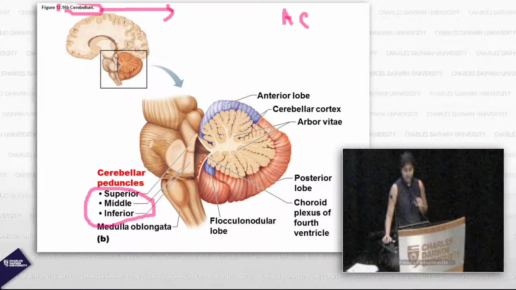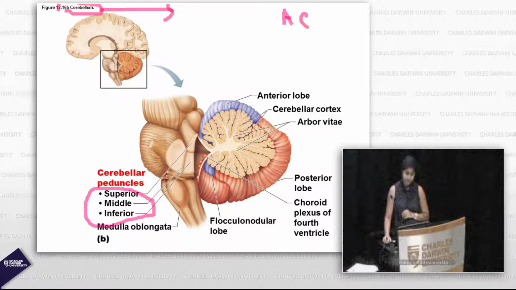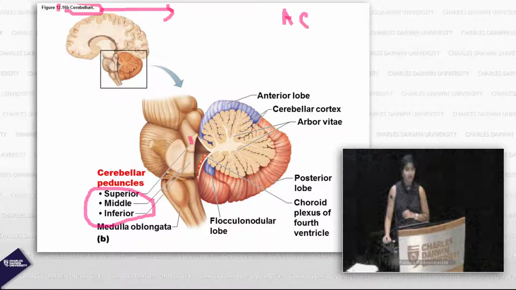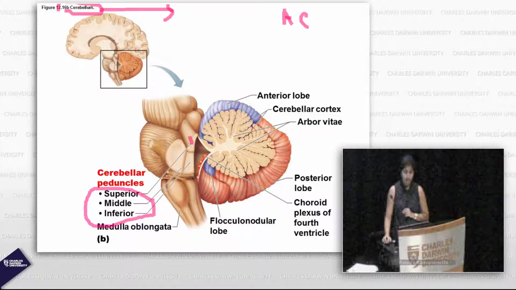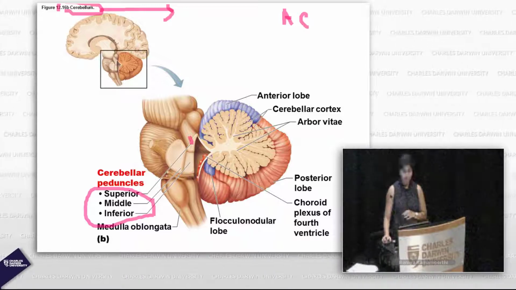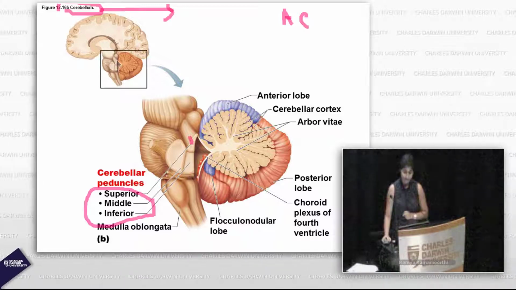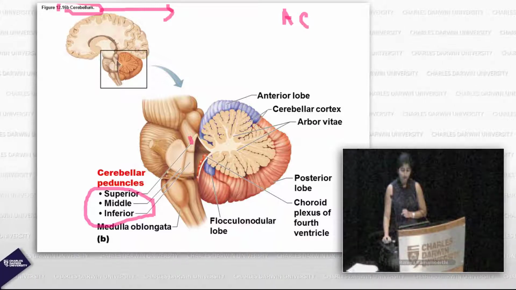Your superior fibers connect the cerebellum to the midbrain. Second, your middle fibers connect the pons to the cerebellum. They help in connecting different regions. And the last one, the inferior fibers, connect your medulla oblongata to the cerebellum.